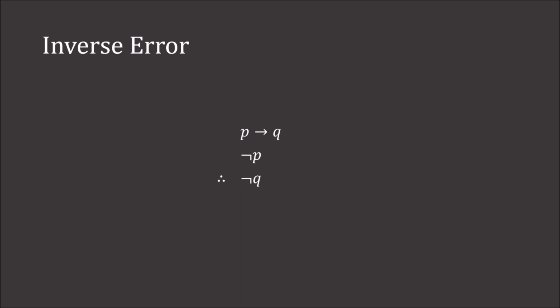The second is the inverse error: if P then Q, not P, therefore not Q. This is a fallacy for the exact same reasoning as the converse error. A conditional statement with a false hypothesis can still have a true conclusion.